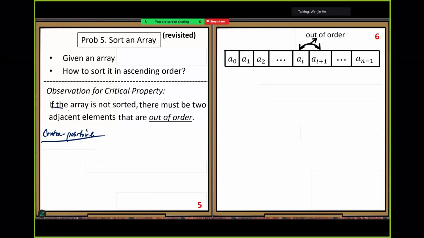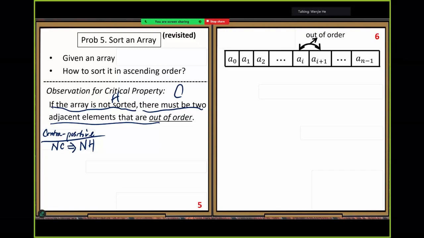Here this part is the hypothesis and this part is the conclusion. With the contrapositive, you negate the conclusion, then you derive the negation of the hypothesis. That's the contrapositive method.